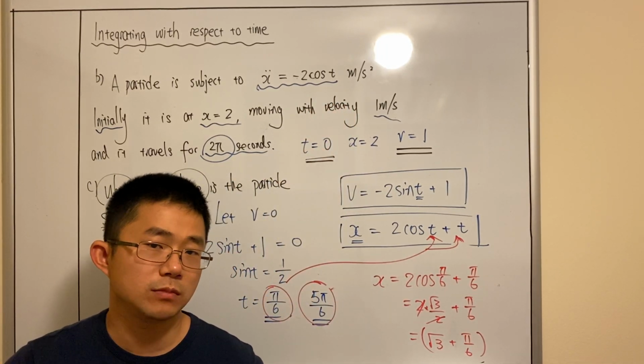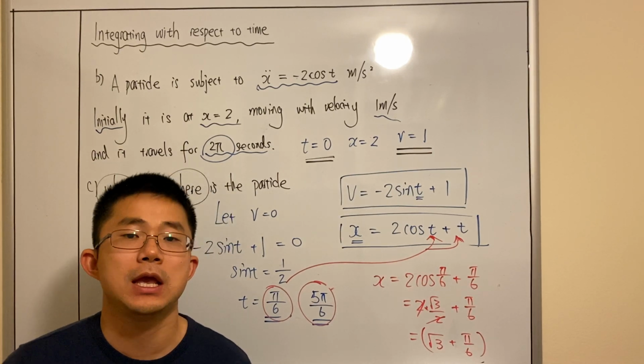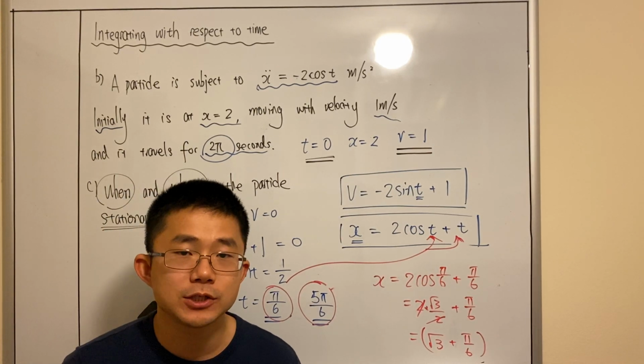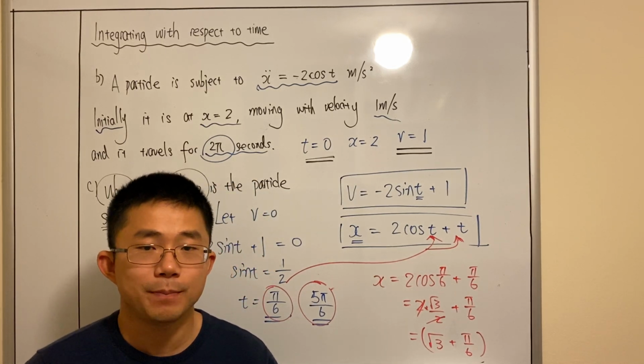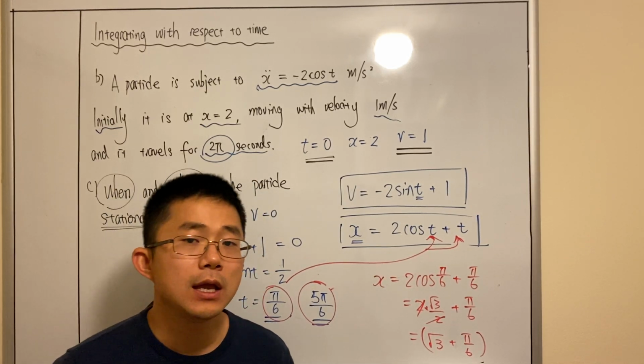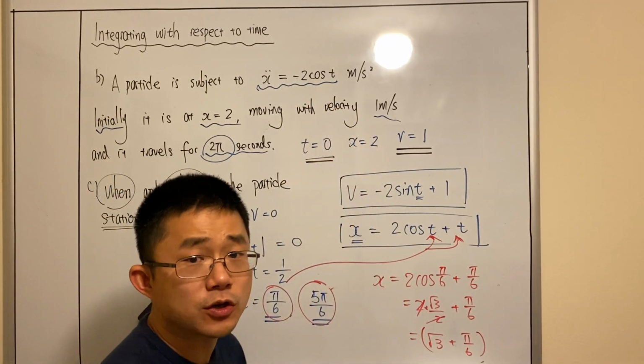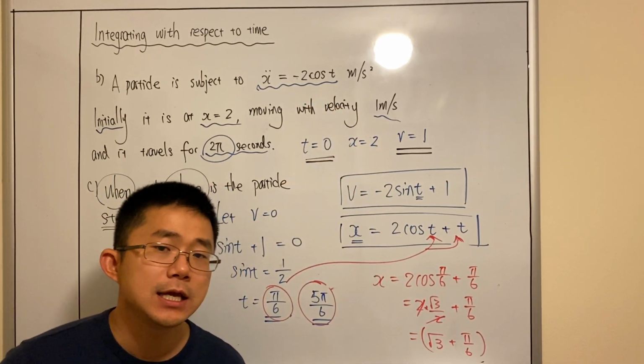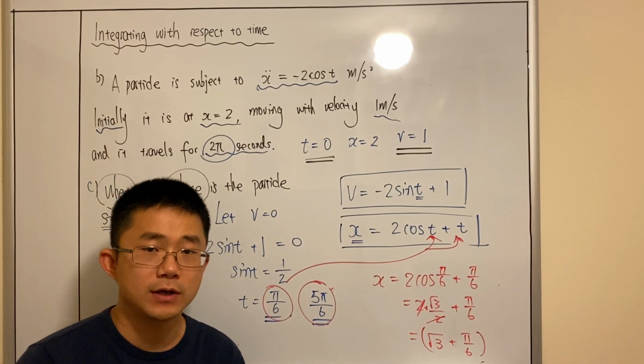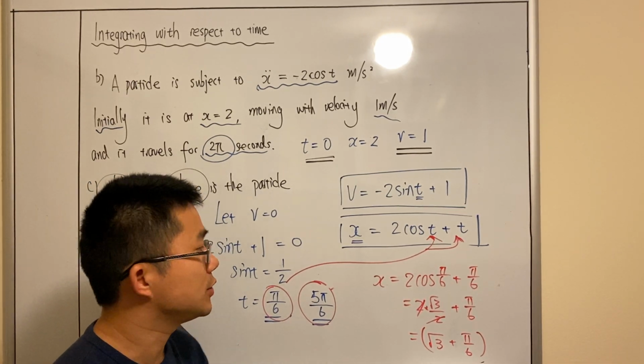It's all just substitution, solving equations and substituting the numbers back to get the answer. But the most important thing is the process of integration, going from acceleration to velocity to displacement function.